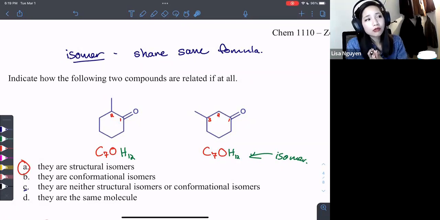They have the same chemical formula, but their structure is just a tiny bit different. And that can give us different properties when we observe chemical properties in substances. All right, so structural isomers have the same exact formula, like all isomers, it's just the connectivity that is different.